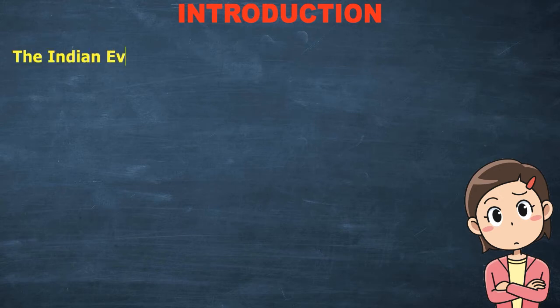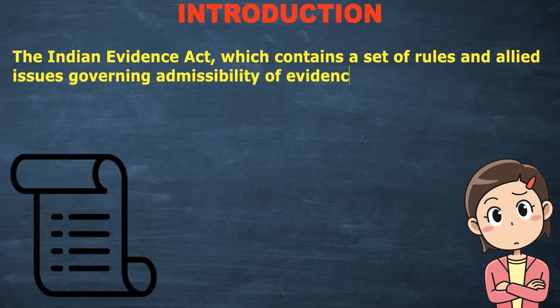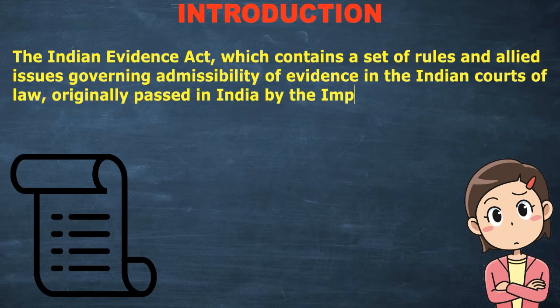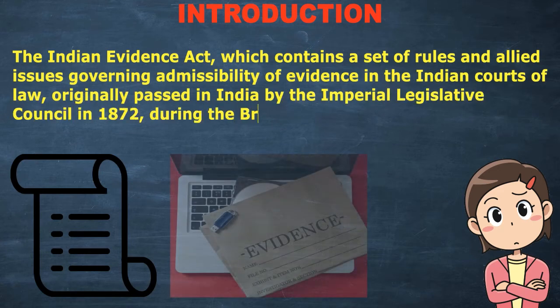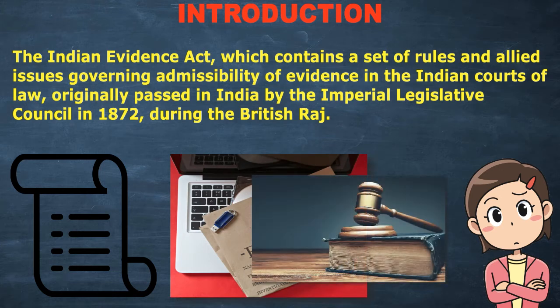The Indian Evidence Act, which contains a set of rules and allied issues governing admissibility of evidence in the Indian courts of law, was originally passed in India by the Imperial Legislative Council in 1872 during the British period. So this is a centuries-old act. Keep in mind what it does.